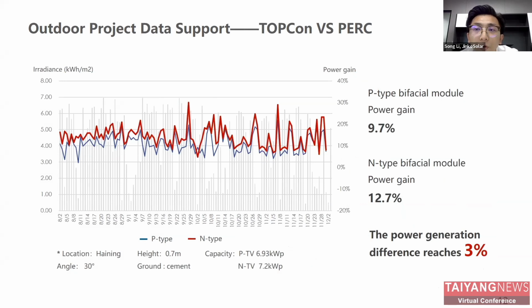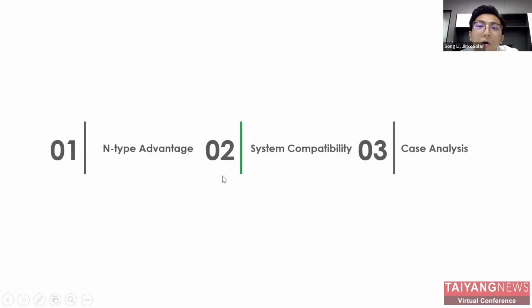The P-type bifacial module can bring a power gain of 9.7, and the Jinko N-type TOPCon modules can bring 12.7 power gain. So comprehensively, the capacity increase is 3%, which is consistent with our theoretical analysis. Overall, these are the advantages of our N-type module, and this is why the N-type is better and more efficient.